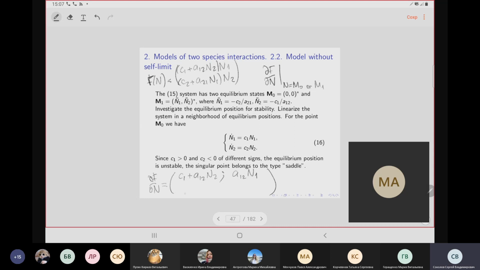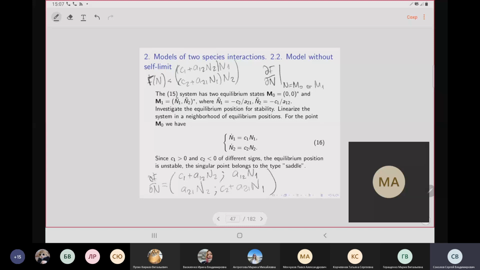And the second row gives us a21 n2, and c2 plus a21 n1. So this is the Jacobian matrix.